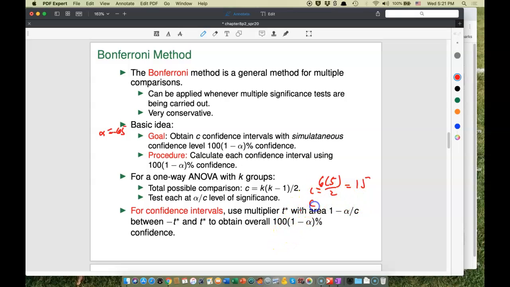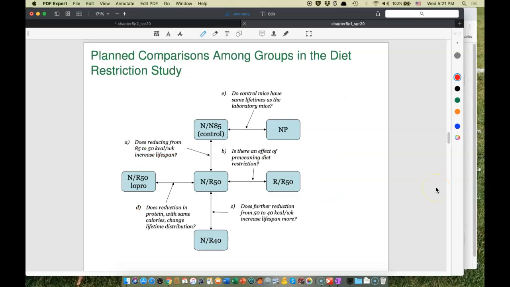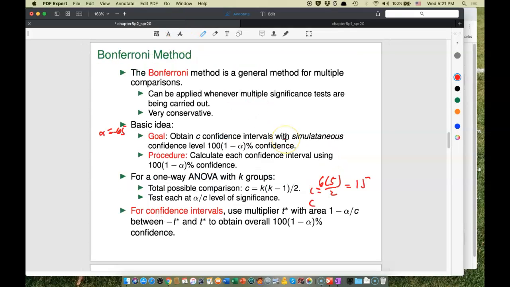But if we only wanted to make the particular comparisons that we had planned to do in the initial setup, here it is, we were planning to do 5 different comparisons. So our planned comparisons would actually be 5. It really depends on the specific situation.